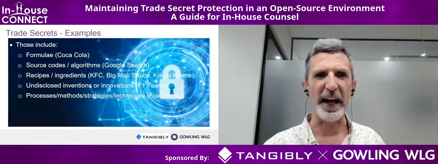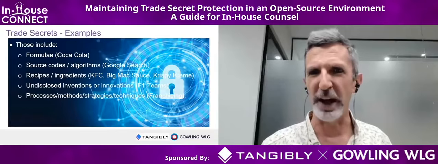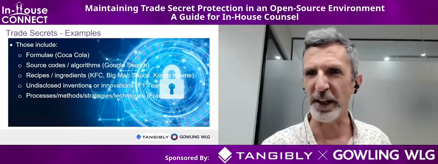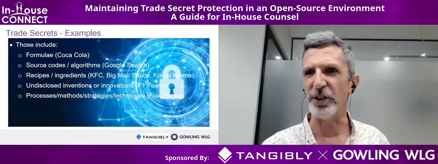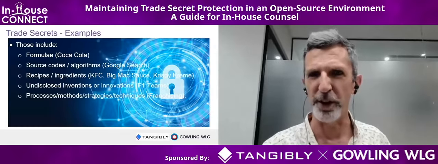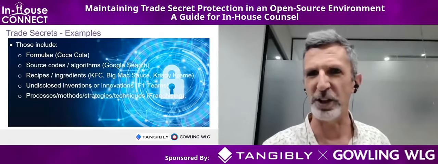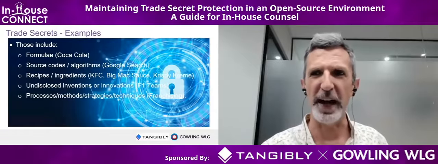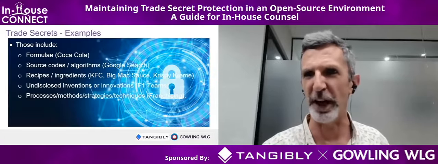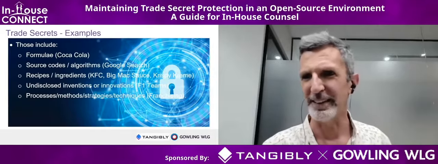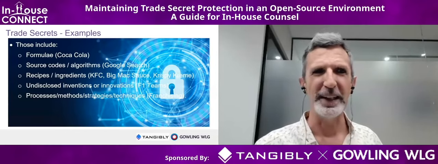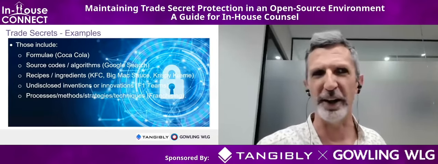And even looking at undisclosed inventions and innovations, there's a lot that go into sports teams, and even franchise relationships between brands and franchisees can all be protected by trade secrets. So you probably don't encounter as many as you do trademarks. You probably see 300 trademarks a day in your average life, but you also encounter a lot of trade secrets without even realizing.